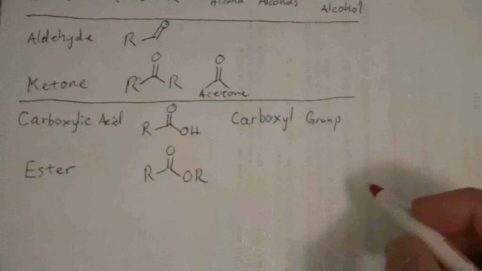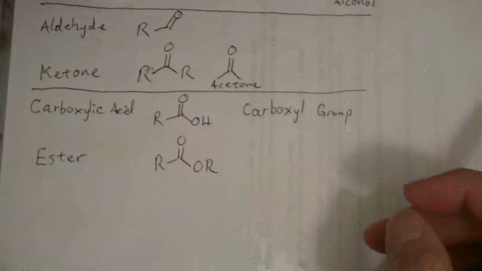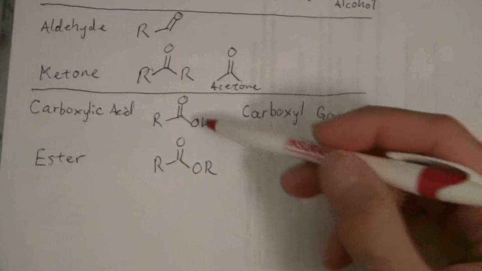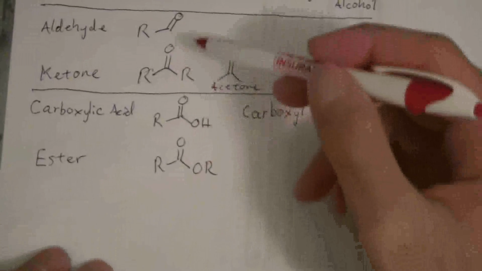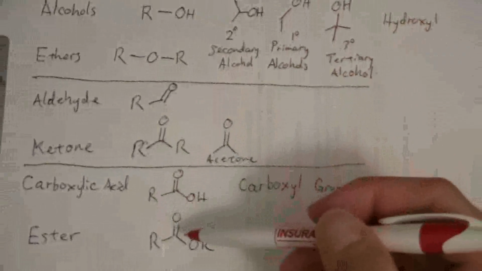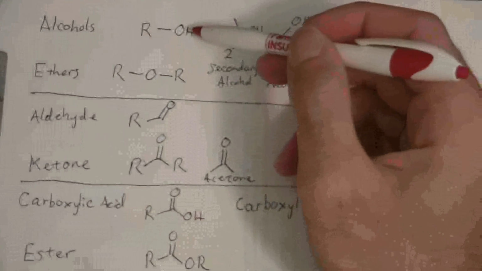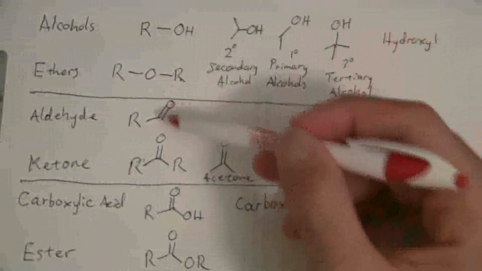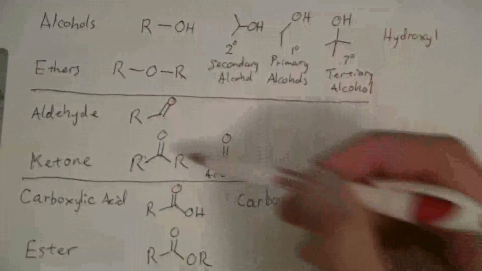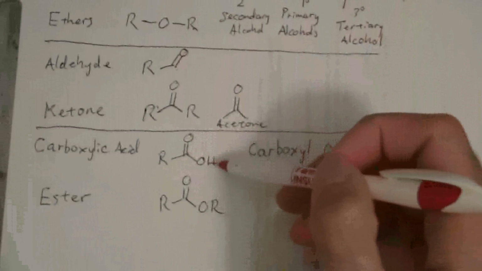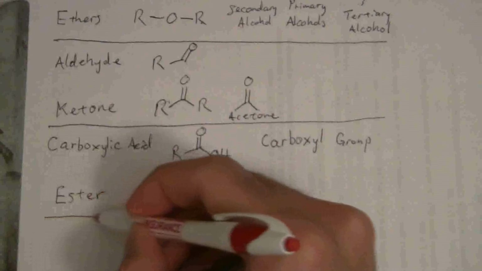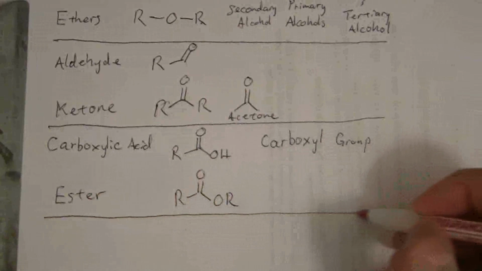Okay, so once again, these are related compounds. Often, several of these come in pairs where you've got an H, and then you replace that with an R group, a carbon chain. So that will help you in memorizing these.